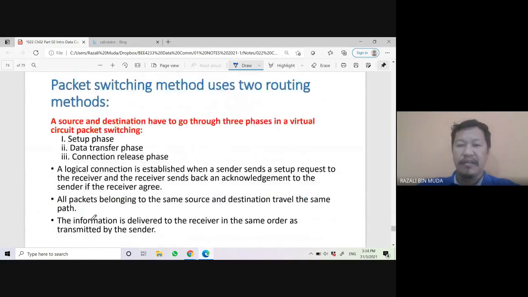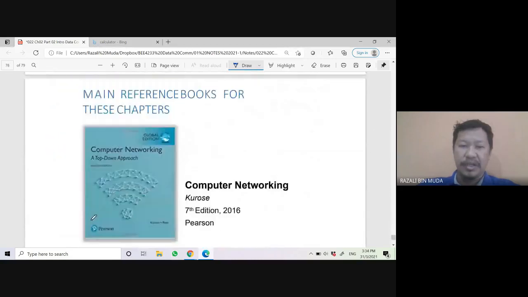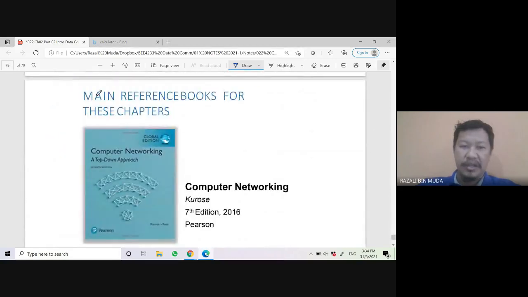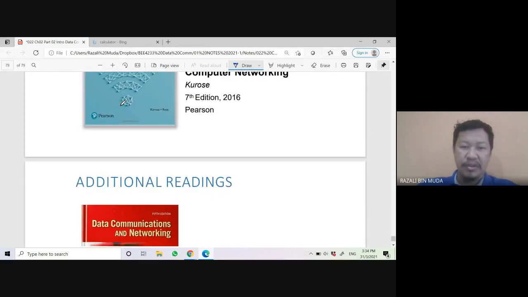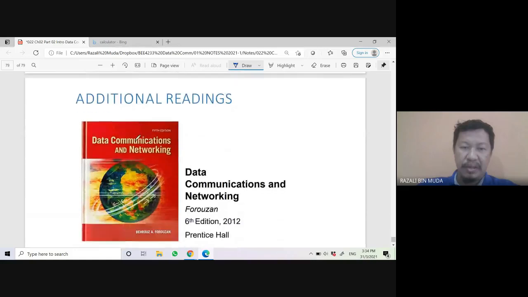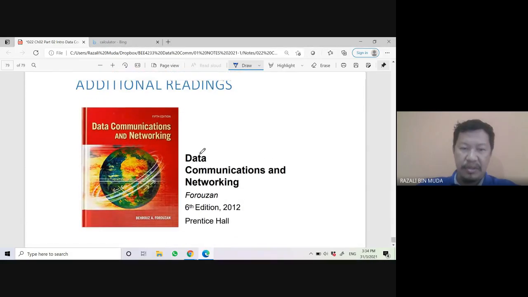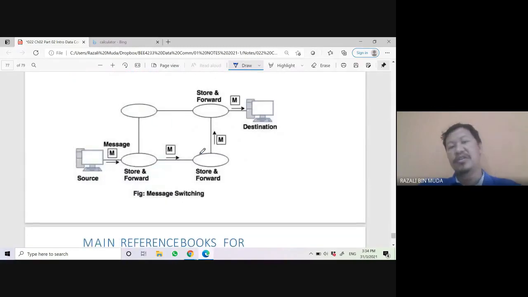That is the end of our second chapter. Here there are reference books. You might look for these books online. If you want, you can contact me, I think I have some of these books.